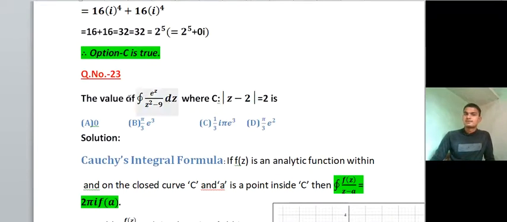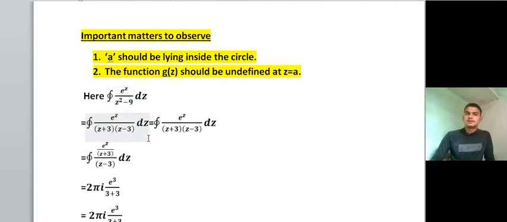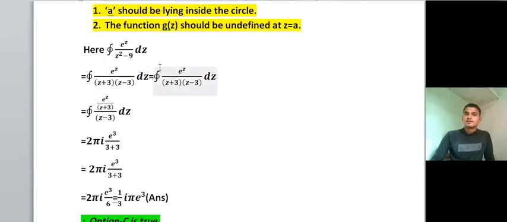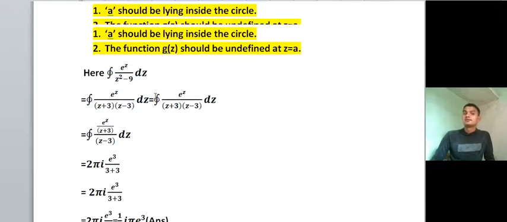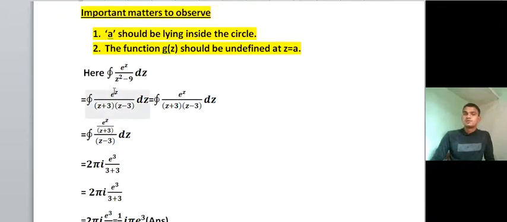Closed integration of e^z divided by (z^2 - 9). Okay, so this is z^2 - 9, we can write it (z + 3)(z - 3). Okay, so we will see at which point this function is not defined. Okay, so if z is equal to minus 3, z plus 3 is 0, so obviously the denominator becomes 0.